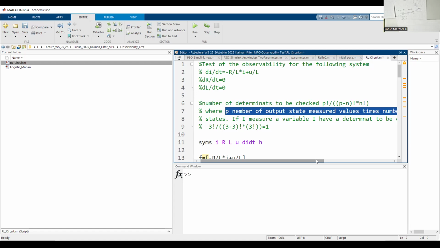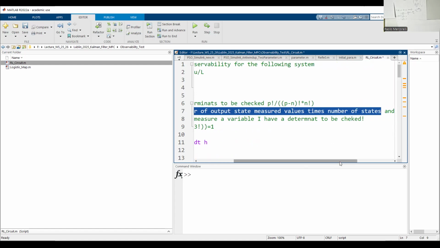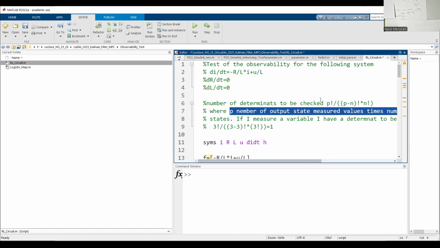You have to consider all possible combinations, all possible paths in this connected system, because graphically you can imagine that the information to obtain the state could have many possibilities. And P represents the number of output states measured, in our case 1, multiplied by the number of states. This means 1 times 3 is 3.